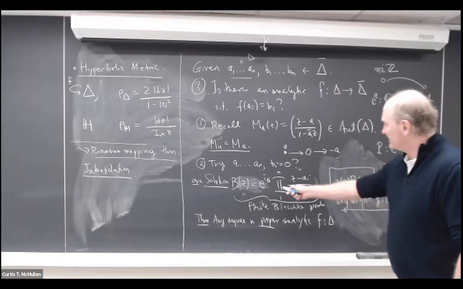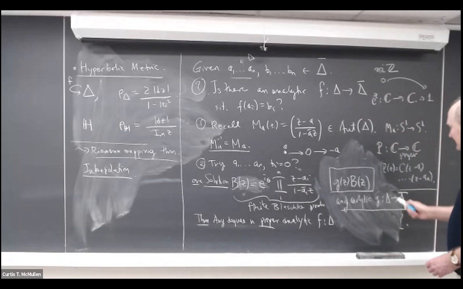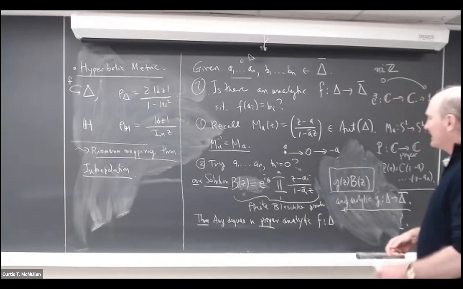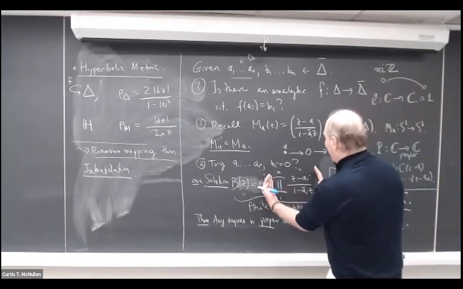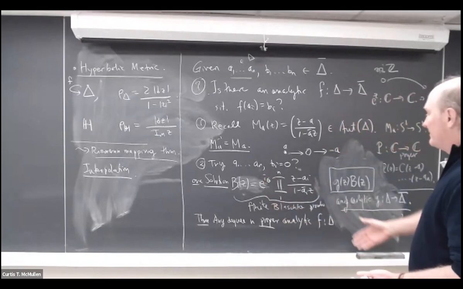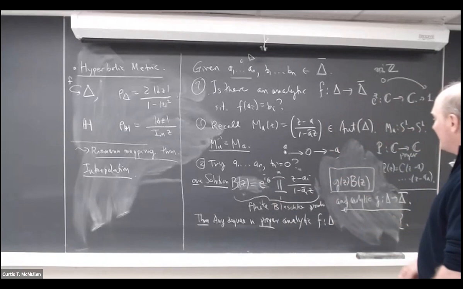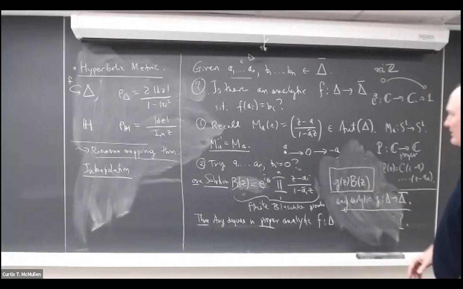Then it would just be this product times an arbitrary analytic map from the disk to the closure of the disk. One way to see that is that if you had a solution to this interpolation problem and you divided it by this factor, you'd still get a map of the disk to itself, but now the zeros would go away. That would be this function g. And that proves that this is the general solution to the problem.